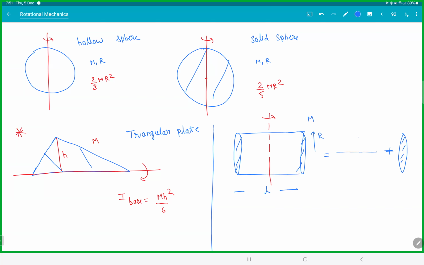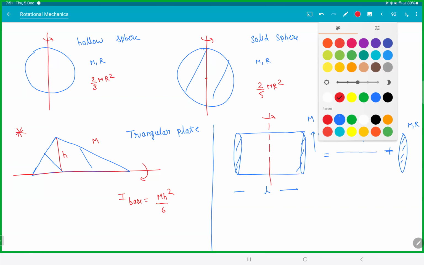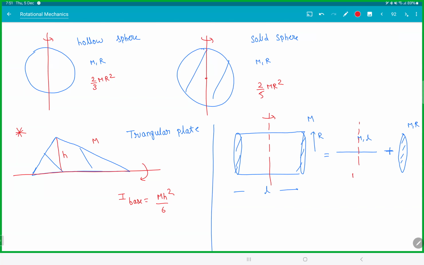Means you can compress this like a rod of m and l, and you can compress this like a disk mr. So about the center of the rod, you will get ml square by 12. About the diameter of the disk, you get mr square by 4. If I combine this, it would be ml square by 12 plus mr square by 4, perpendicular to the axis.